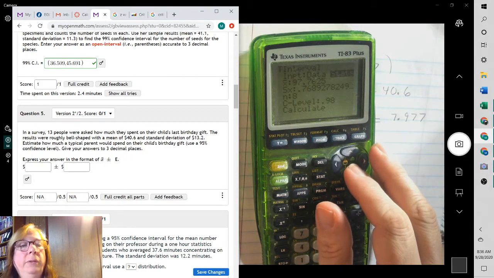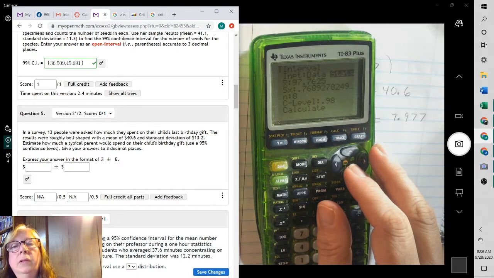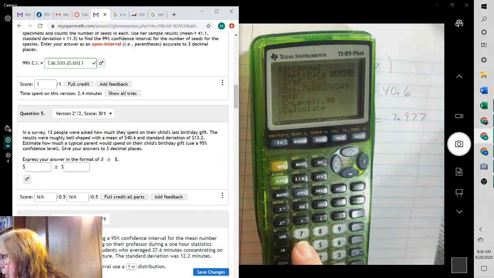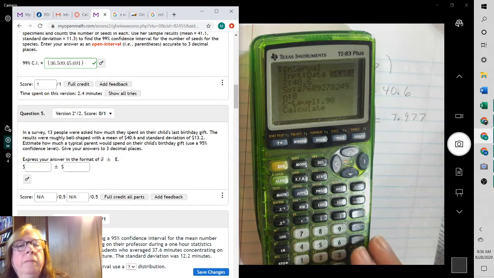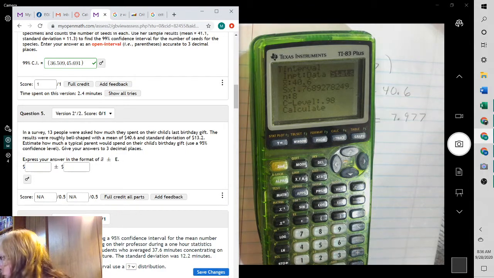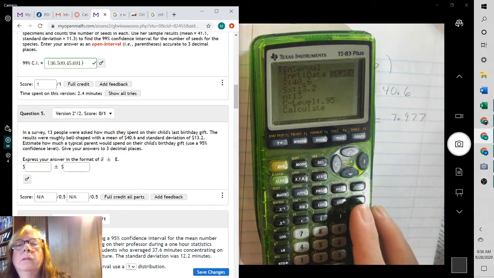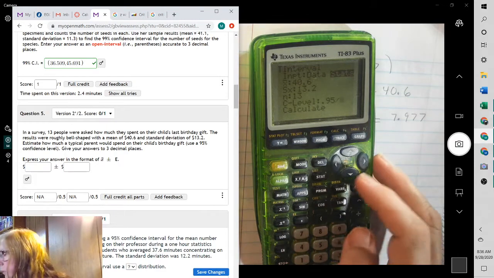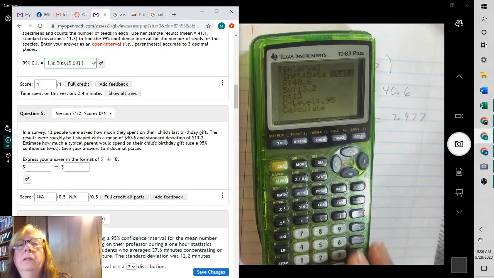And they want to know the mean, which was 40.6. The standard deviation was 13.2. N was 13. And we wanted a 95% confidence interval. And calculate.